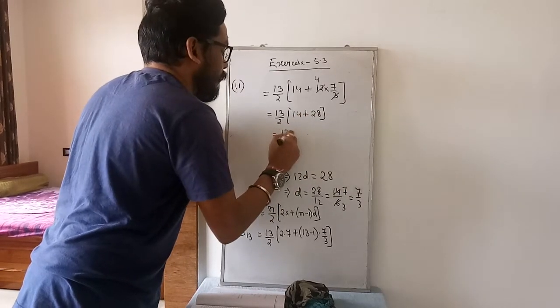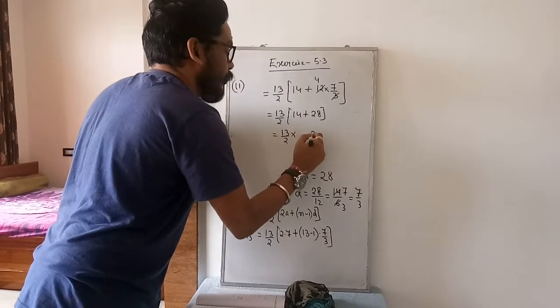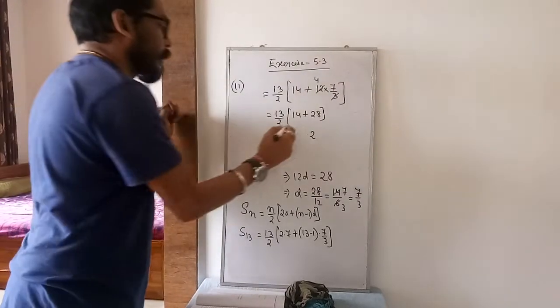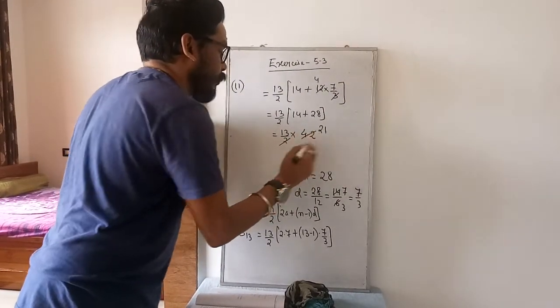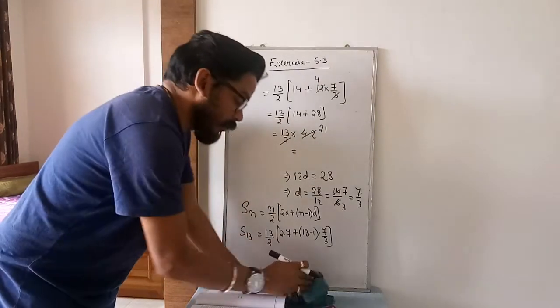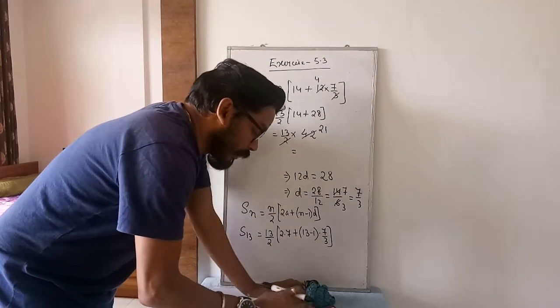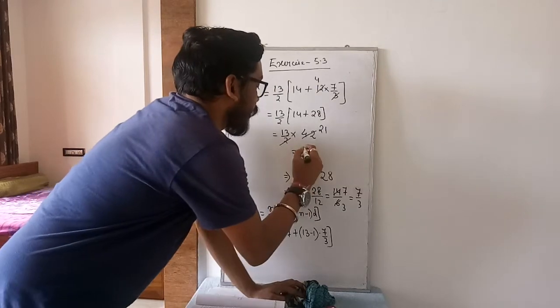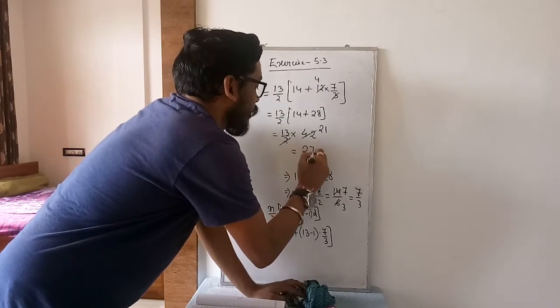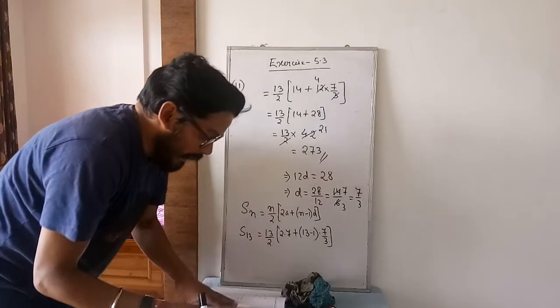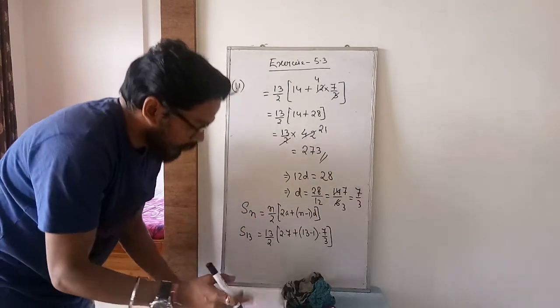So 13 by 2 into 42. Let me cancel it, 2 twos are 4, 2 ones are 2. So it is 13 into 21. 13 into 21 is 273. So this is your final answer. So you got the d value also and S13 also, 273.